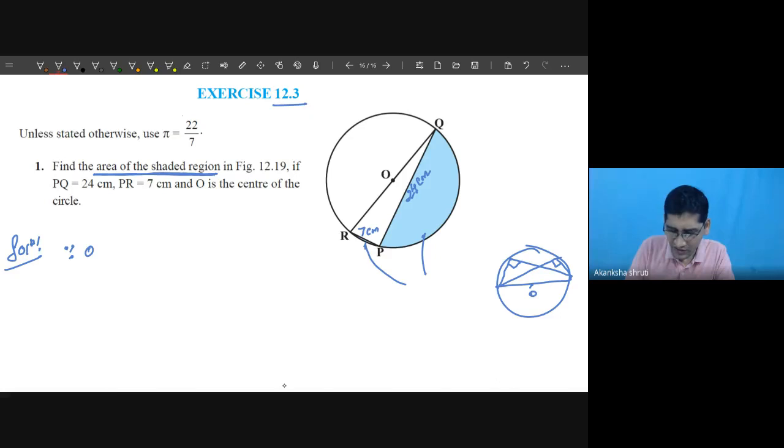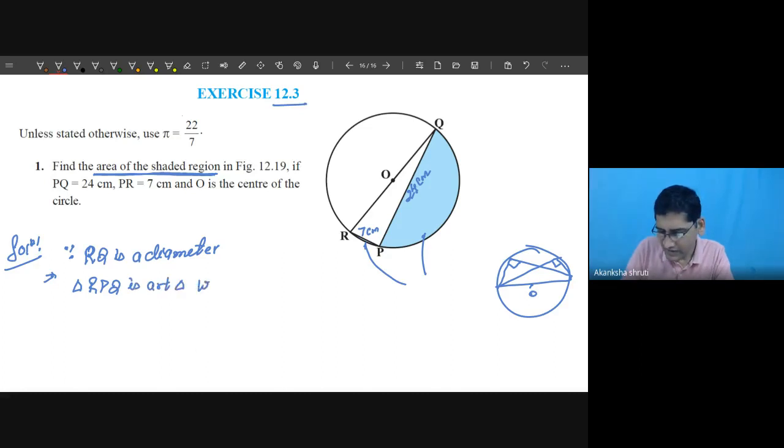So right here, you shall just write this way. O or RQ is a diameter. This implies triangle RPQ is a right triangle with angle P is equal to 90 degree.